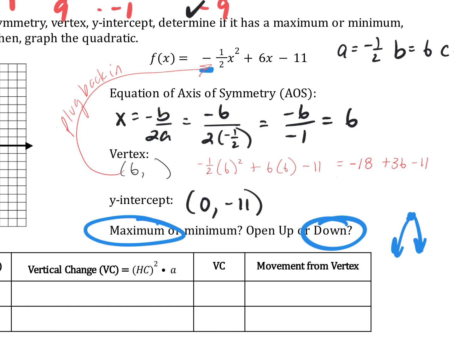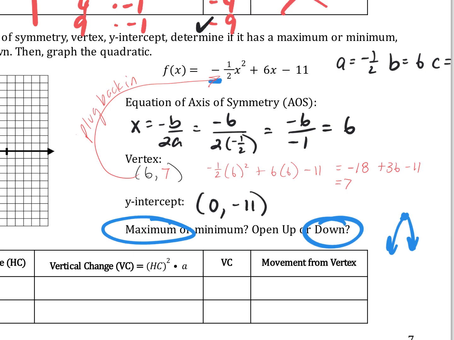And so you should get equals 7. So my vertex is (6, 7).